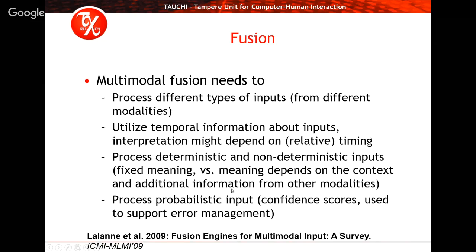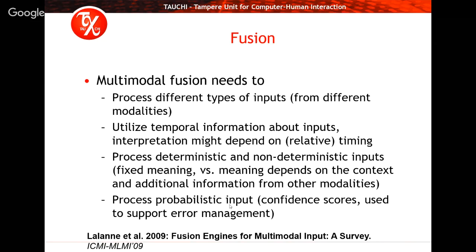And then finally, we have probabilistic input. As was discussed, especially with speech recognition, these confidence scores are often included in the speech recognition results, and often you get an n-best list, like maybe 5 speech recognition results: it was most likely this one, but it might have been this one or this one or this one. If you have only speech, then depending on the dialogue situation, you might be able to select the second or third item from the n-best list.